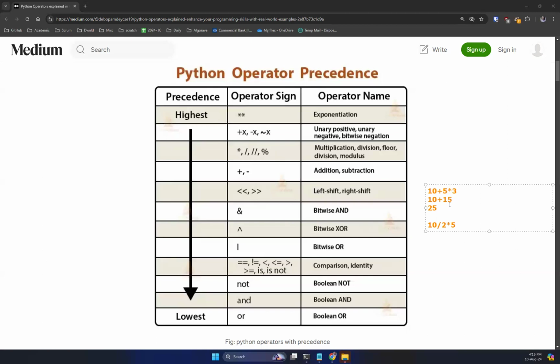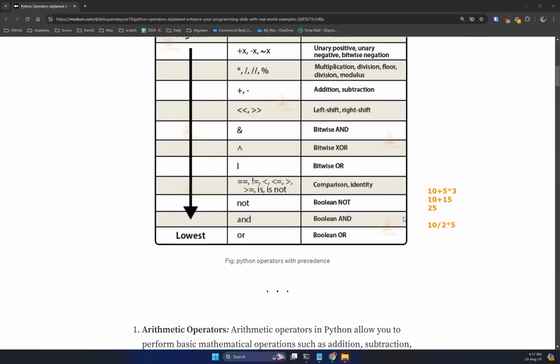Multiplication and division are in the same level. Based on the operator which happens first, the answer will be different. The answer would be either 10 divided by 2 is 5, 5 into 5 is 25, or 2 into 5 would be 10, and 10 divided by 10 is 1.